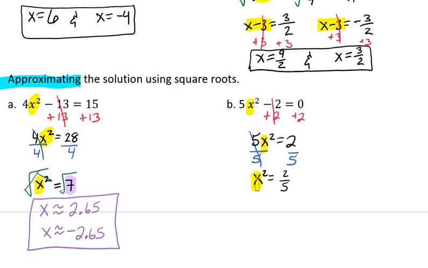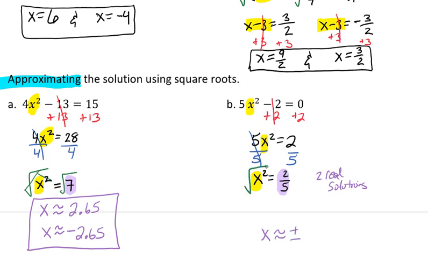Now because 2 over 5 is a positive number, we know that we're going to have 2 real solutions. So x is approximately one thing or the other, and in this case we can write it as x is approximately plus or minus that number.